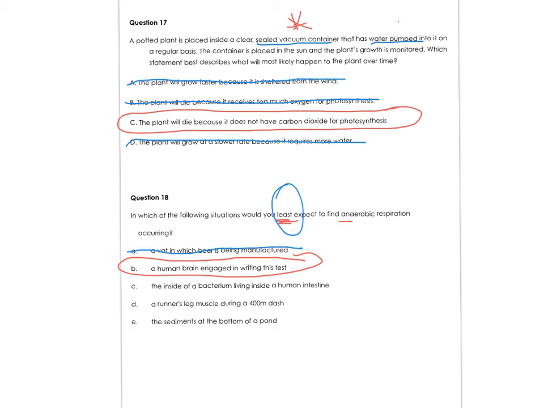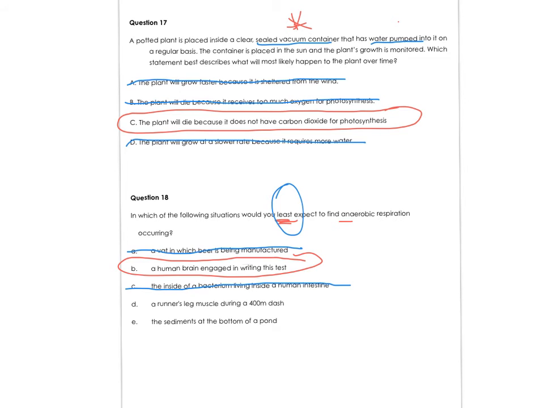Inside a bacteria living inside a human intestine. I think to myself, how much oxygen is in an intestine full of water and poop and food, undigested food? I would say not a lot. So I might expect there to be some kind of anaerobic respiration happening inside an intestine.